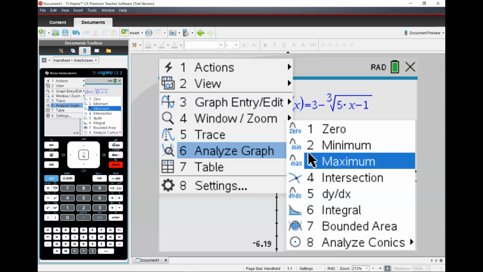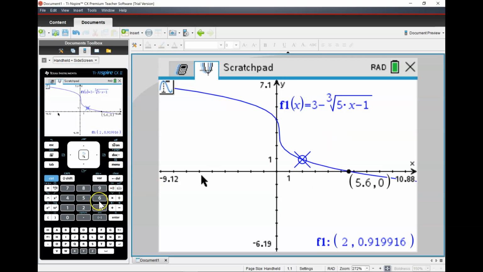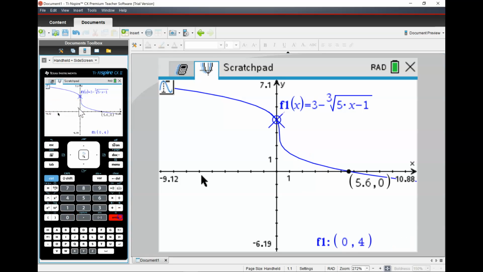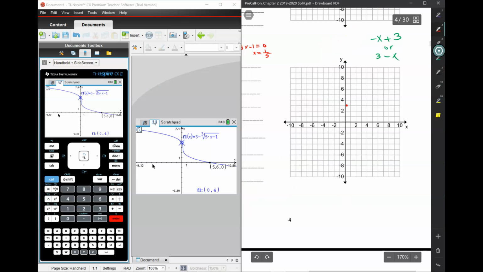It's when x is 0, right? When x is 0, it's 4. Could we have done that by hand? We could have plugged in 0 by hand, but I also want you to see how to do it on the calculator. Okay, so it's at 0 and 4 and then 5.6.